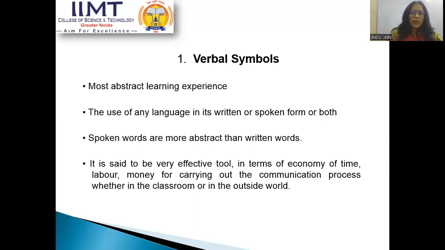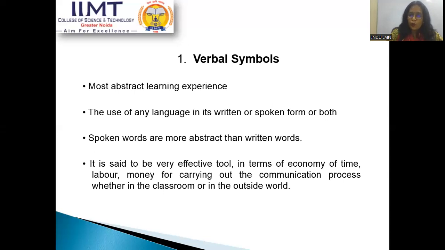These are the most abstract or indirect learning. Verbal symbols are the use of any language, either English, Hindi, or any other language, in written or spoken form, or both. Spoken words are more abstract than written words.